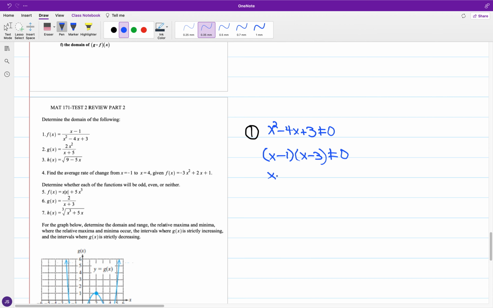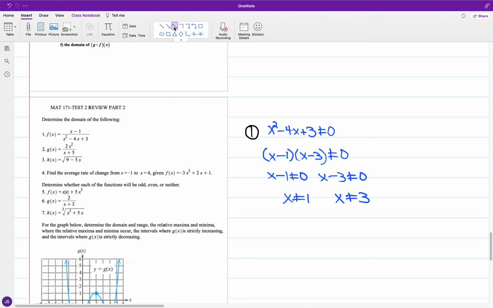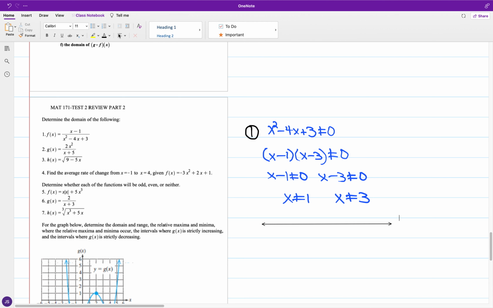So neither factor can be 0. For x minus 1, if x minus 1 cannot be 0, then x cannot be equal to 1. For x minus 3, if this cannot be equal to 0, then x cannot be equal to 3. And so just looking at what we have altogether.